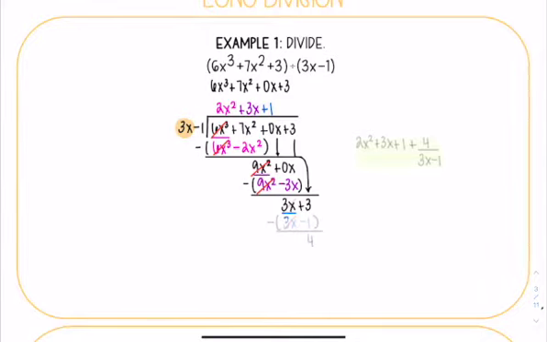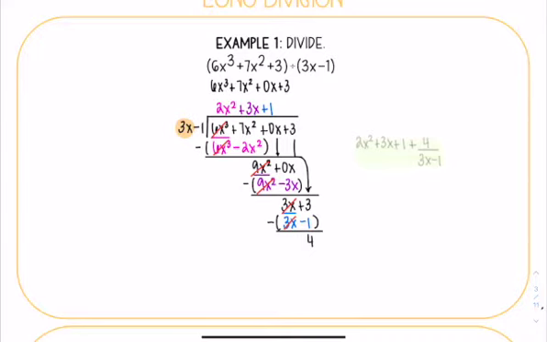So 3x times 1 is 3x, and negative 1 times 1 is negative 1. We're going to subtract that from the original. And so 3x minus 3x cancels, and we have 3 minus negative 1, or 3 plus 1, which gives me 4. So that 4, because there's nothing else for me to bring down, is my remainder.